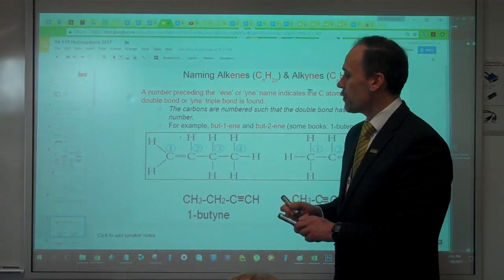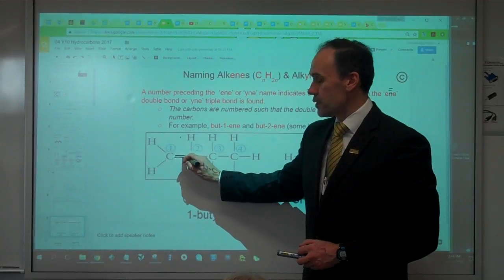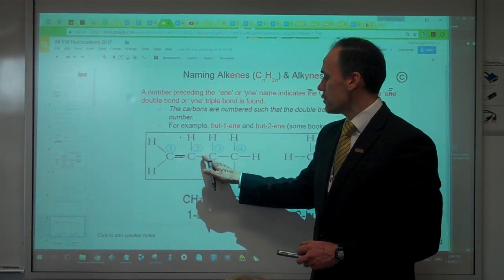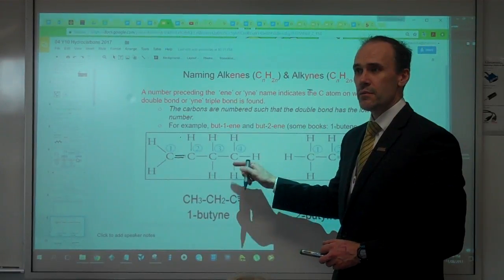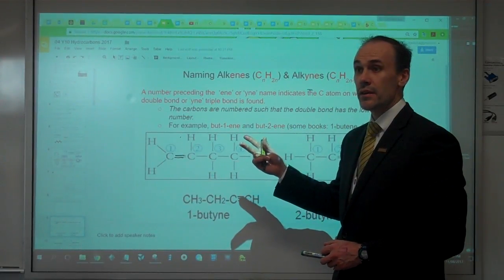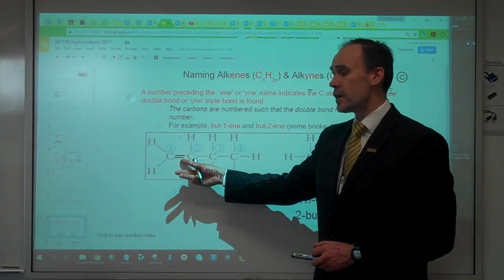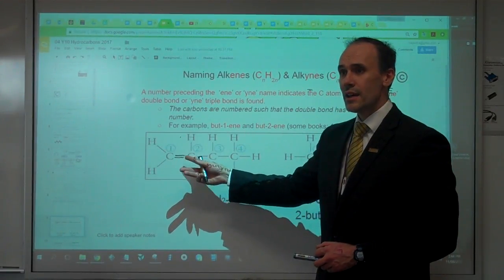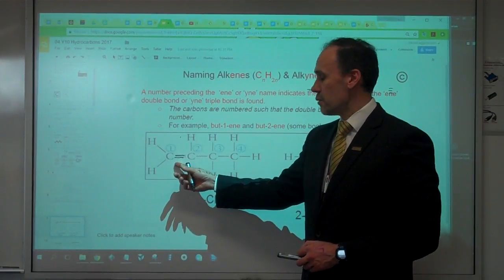So what we have here is at the first carbon there is a double bond. So 1, 2, 3, 4 carbons is what prefix? Methane, ethane, propane, butane. And is it butane, or a double bond means it's butene? And the first carbon has the double bond on it.